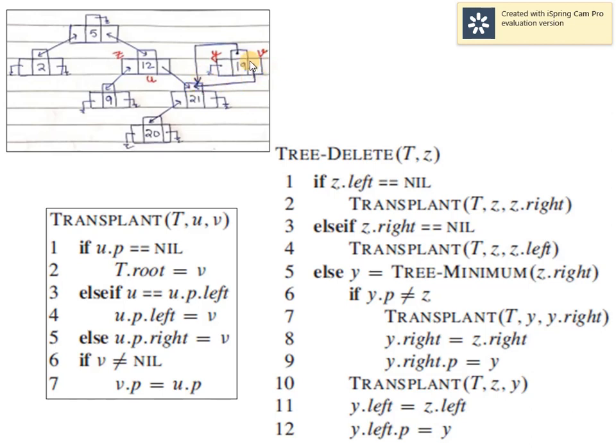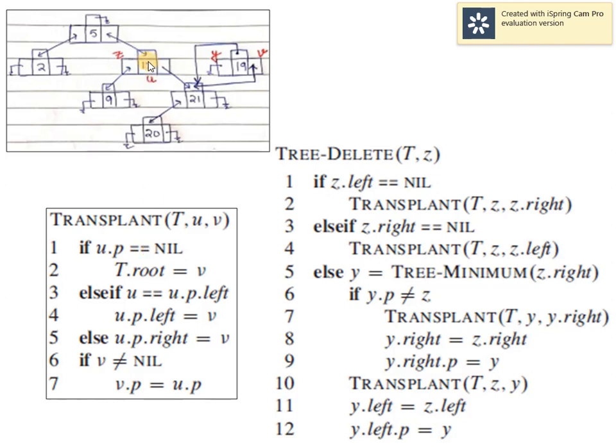Next, we call the transplant procedure for z comma y. That means we have to replace z with y. Replacing z with y means the parent of z, that is 5, will get connected to y by the execution of these steps. We will check if the parent of u is null or not.